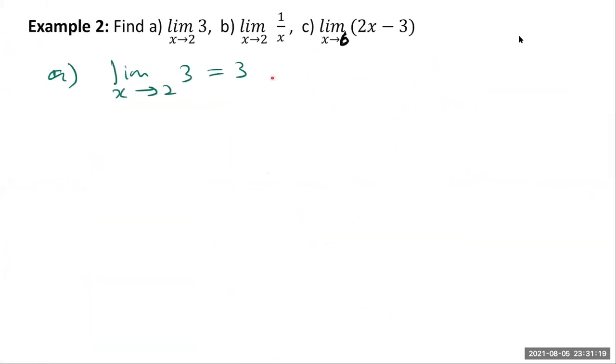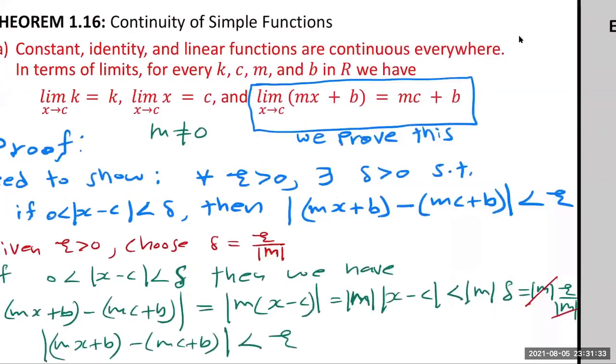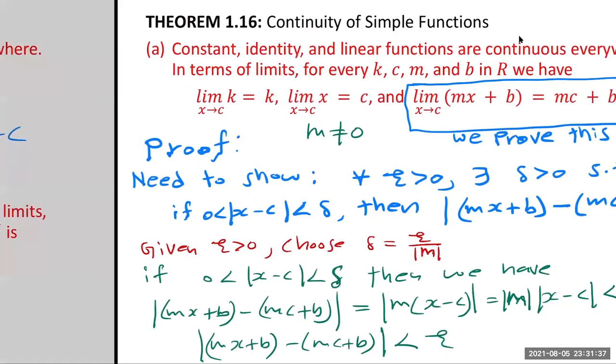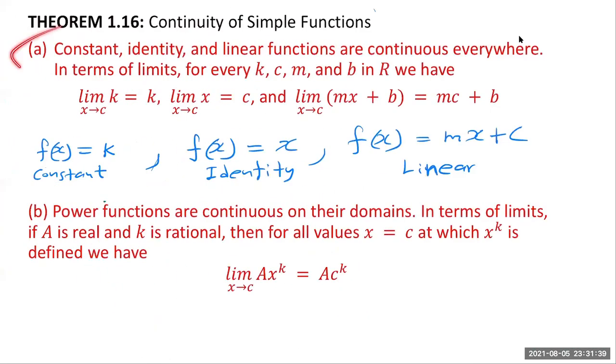Okay, and the second part, part B, how do you do part B? Limit as x approaches 2 of 1 over x. How do you handle this one? Can you apply any of the parts in this theorem? This is the theorem I had. Can you apply one of these parts there?